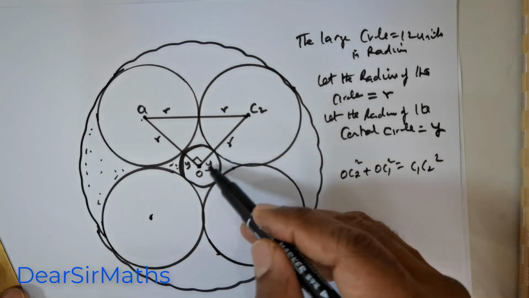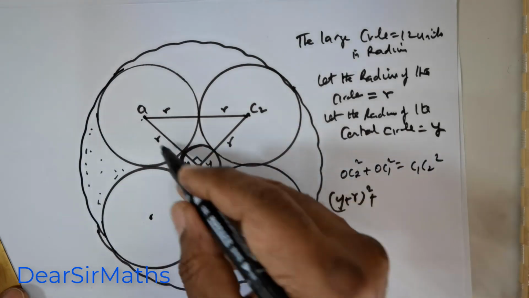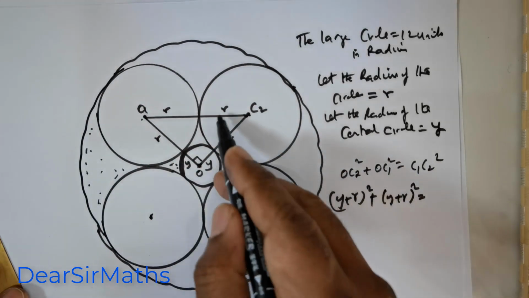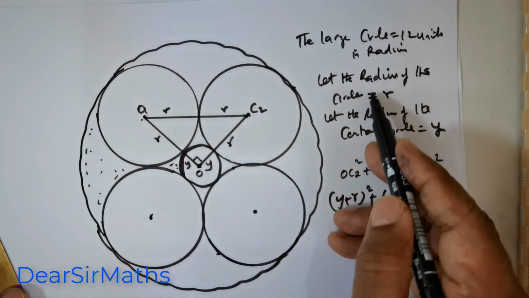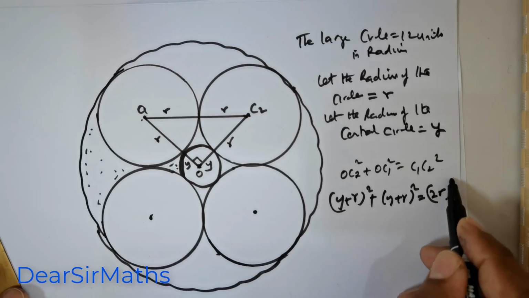Now OC2 is y plus r, so (y plus r) raised to the power of 2, OC1 is also y plus r, raised to the power of 2, and C1C2 is r plus r, because I've taken r to be the radius of the small circle, so it's going to be (2r) raised to the power of 2.